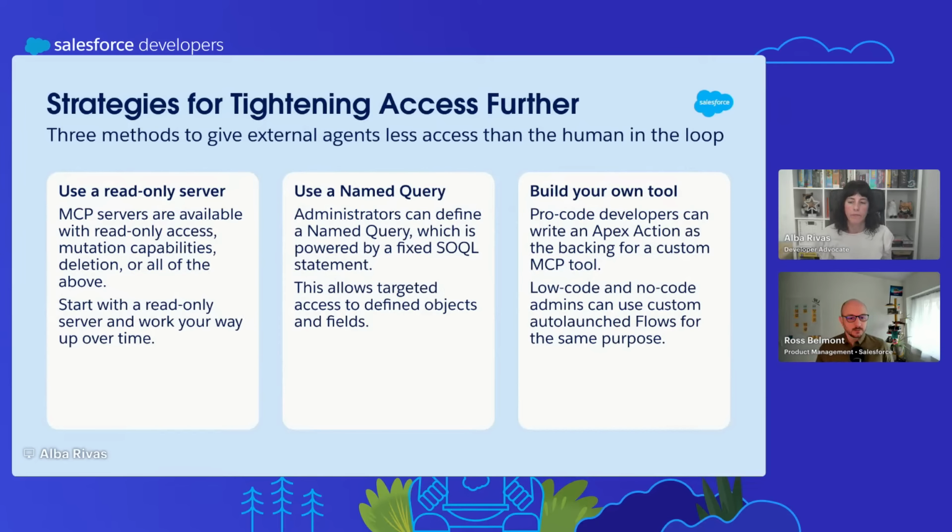First of all, we have a read-only MCP server that can't change or delete any data. That's an easy way to go. Second of all, you can control exactly what SOQL queries are going to be powered by given MCP tools using named queries, which are a newer structure that we have as an extension to our API stack now that allows you to define a fixed SOQL statement, and that can be what's behind a given MCP tool.